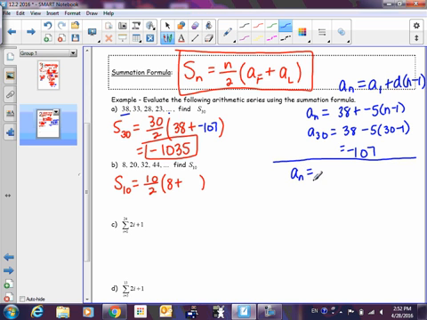So we do that by using the formula from the front page. It says take a sub 1, which is 8, add that to d. So you got to find d. That's always going to be important here. 8 to 20, that's adding 12. And you don't have to simplify this because it's not your final answer. You do, though, have to plug in 10 so that you can find the 10th term, which is the last term in this series.